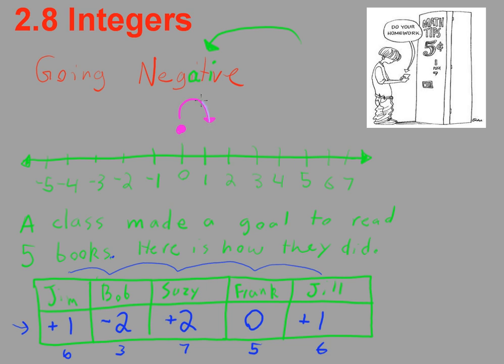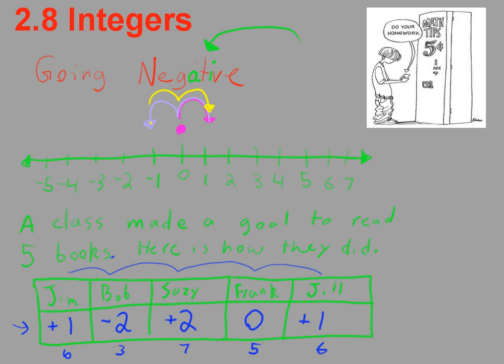So we jumped forward 1, backwards -2. Okay. Now we're going to look at the next person. Susie read +2. So we're on -1 now. Now we have to go +2. So 1, 2. We're back to 1.